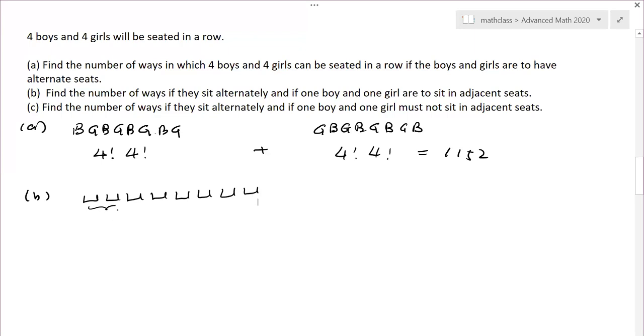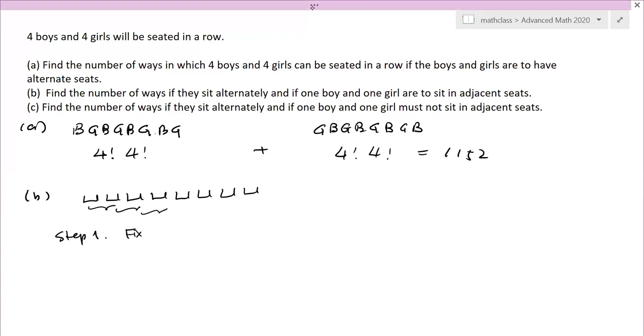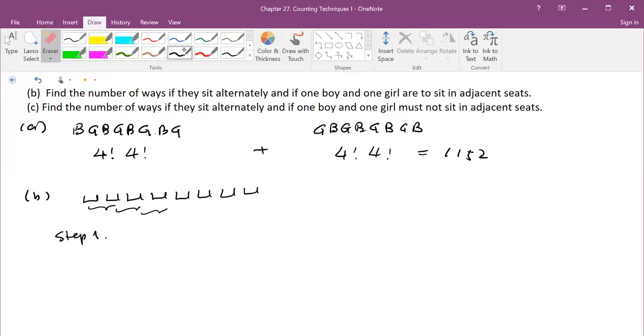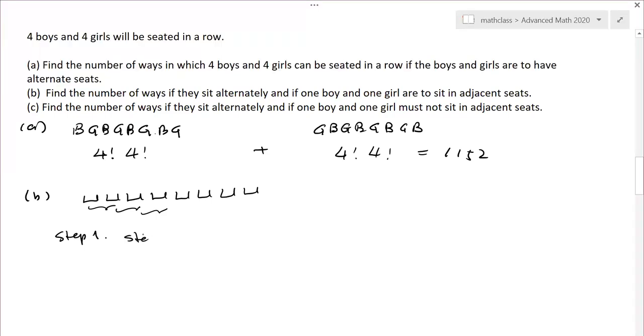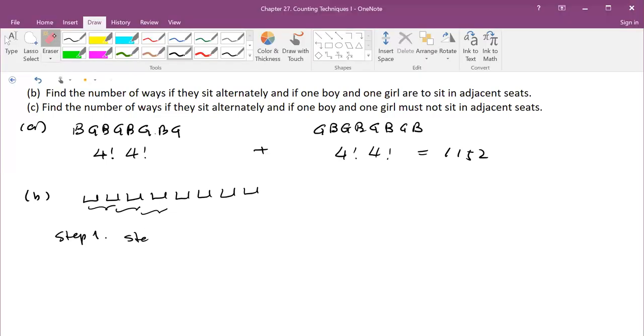Step 1: choose and fix 2 seats for these 2 students.